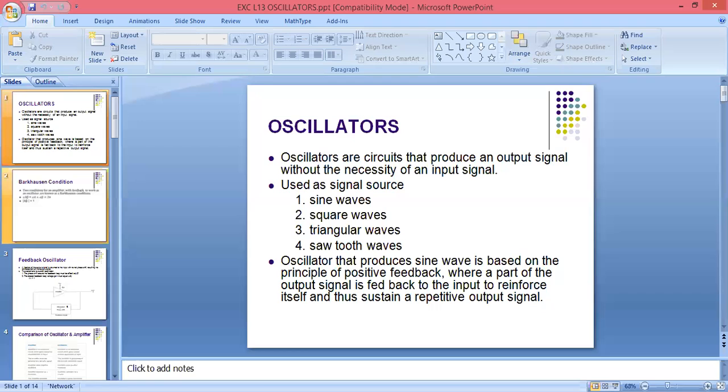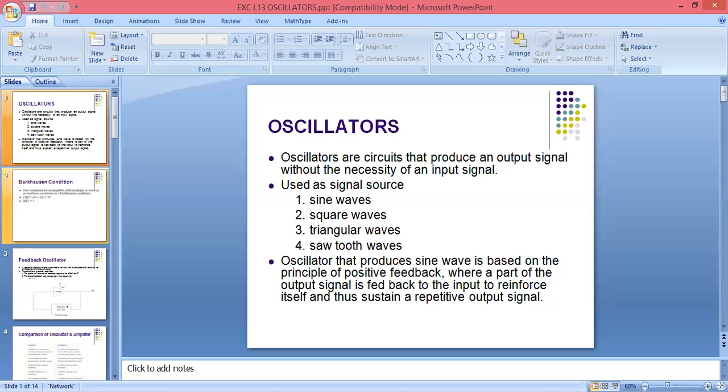Then we have seen the classification of negative feedback amplifiers. These are nothing but voltage amplifier, current amplifier, transconductance amplifier, transresistance amplifier. We have studied these depending on the value of load resistance, output resistance, input resistance, and source resistance. Because in a feedback amplifier we are using a source and we are using one device as an amplifier.